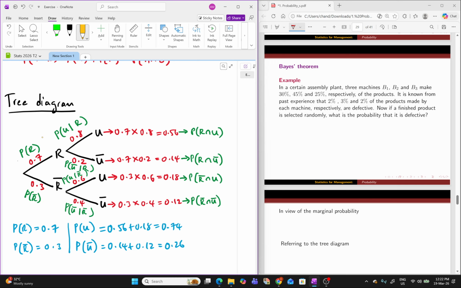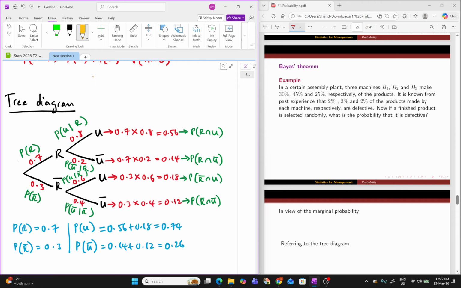We know the probability of R, not R, umbrella, no umbrella, we know all the joint probabilities. These are all marginal probabilities, the single probabilities, this is joint, and we also know conditional probability like this.